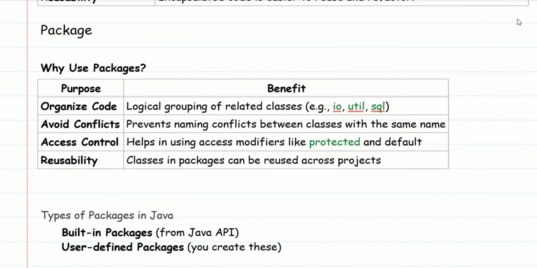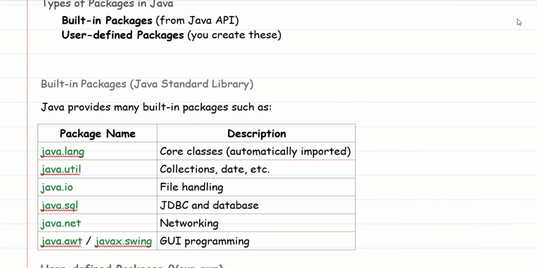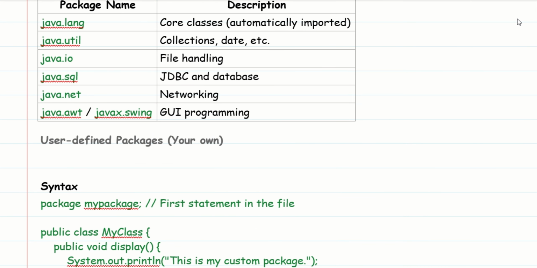The types of packages in Java are built-in packages from the Java API and user-defined packages which you can create. The built-in packages are like java.lang, java.util, java.io, java.sql, java.net, and there are many default packages provided by Java. User defined packages are where you create your own packages to organize your code better.